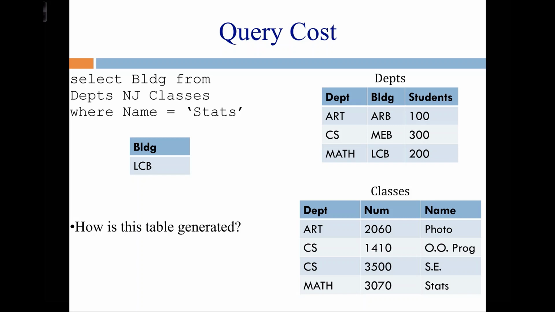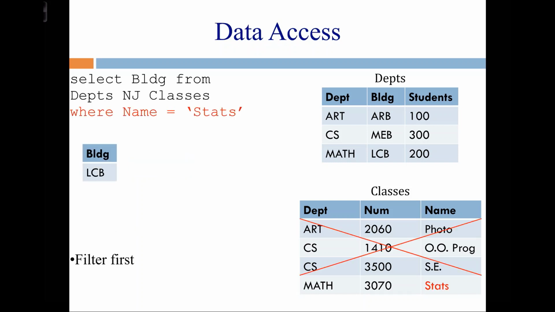Is it going to do the natural join first and then do the where? In that case, we would have to look at every row, so that would be 8 total, 4 from classes and 4 from departments. But no, the system is smarter than that. It's going to do the filter first, where it will find the stats class. So we can eliminate those other 3 rows.